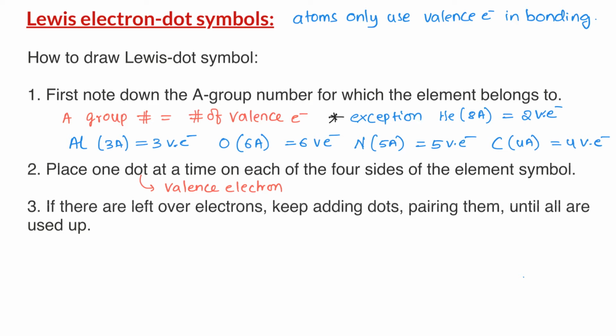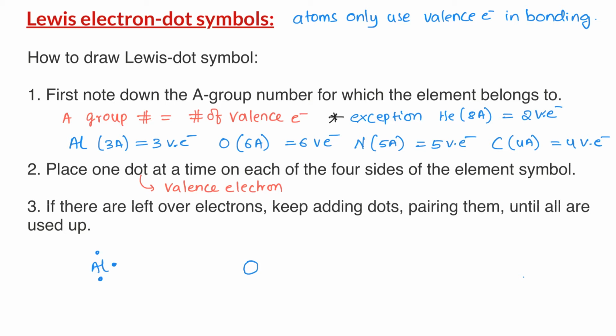Aluminum. Aluminum belongs to group 3A, therefore it has 3 valence electrons. So I am going to place one dot at a time on each of the 4 sides of the symbol. So I have 3 separate electrons on aluminum. Next, oxygen. Oxygen belongs to group 6A, so I have 6 valence electrons.